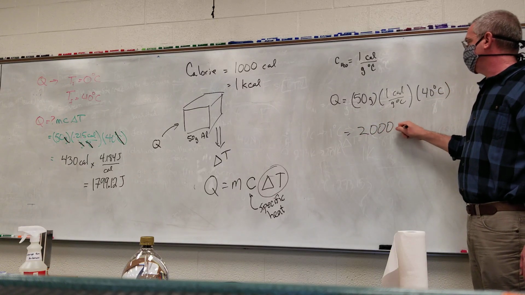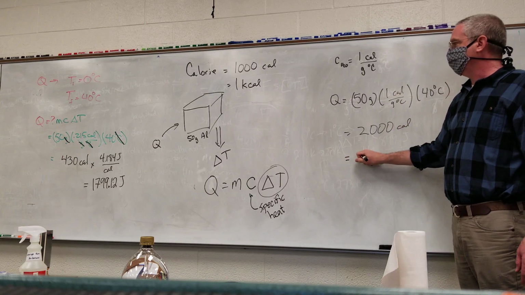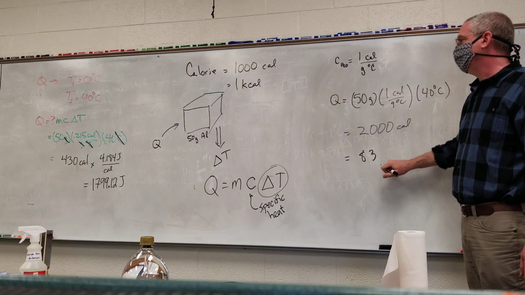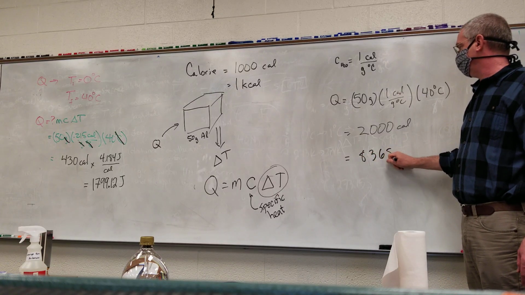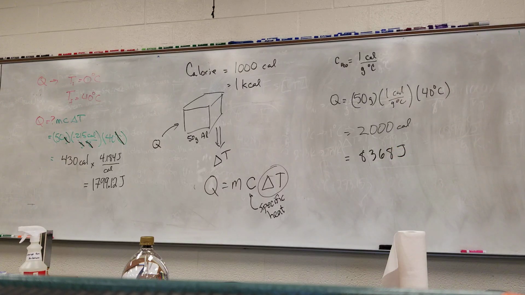I get 2,000 calories, which is 8,368 joules. It takes significantly more energy to raise the temperature of the water, which is a good thing. It does keep the temperature of the earth relatively temperate.